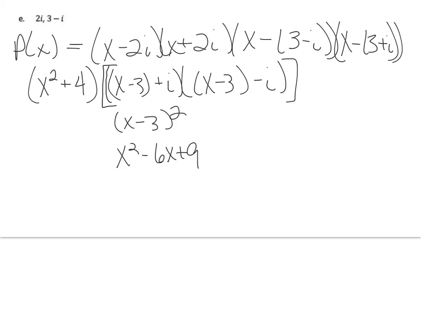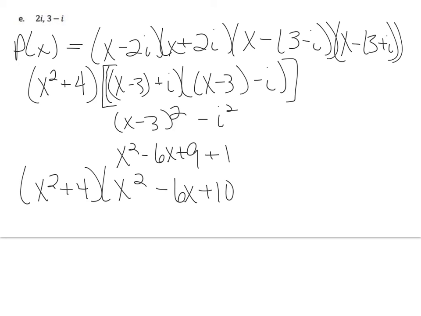And then, remember the middle cancels out, so this would be minus i squared. So that would be plus 1. So I have x squared plus 4 times x squared minus 6x plus 10.